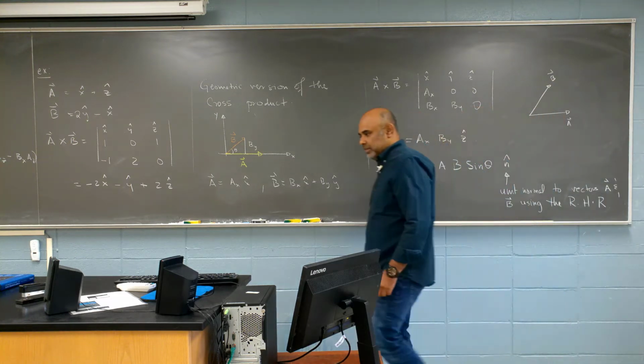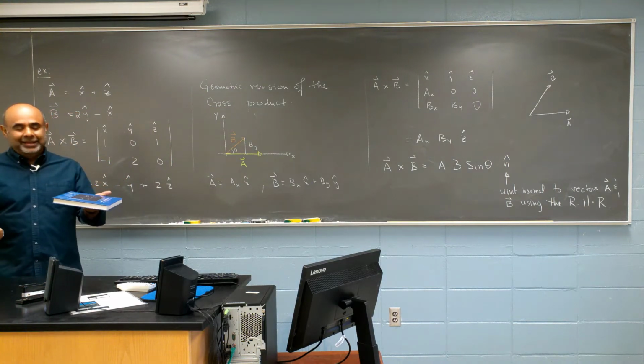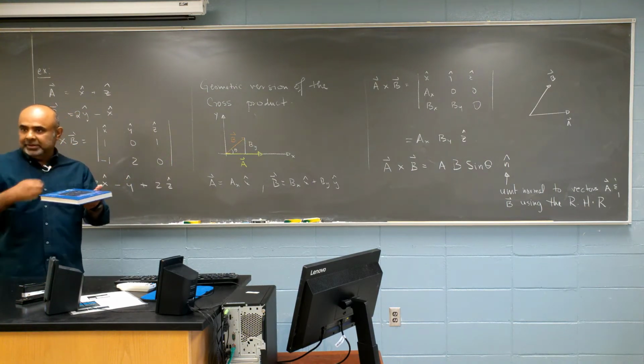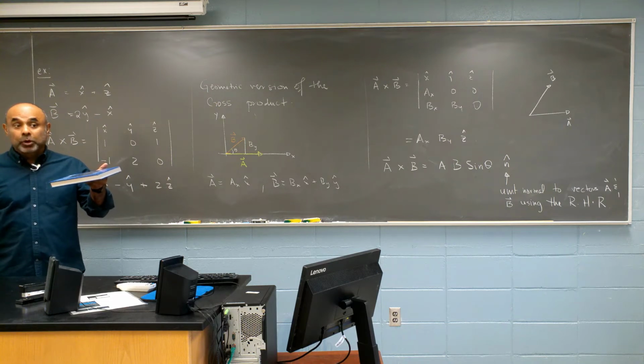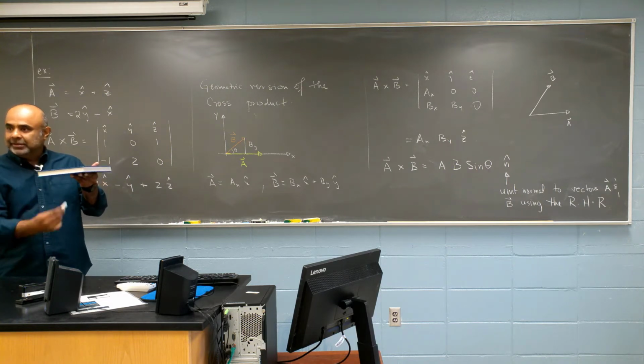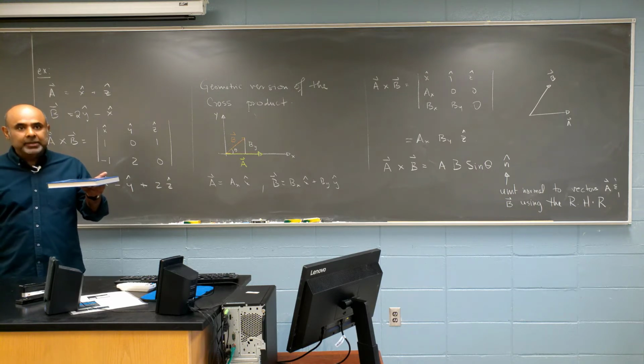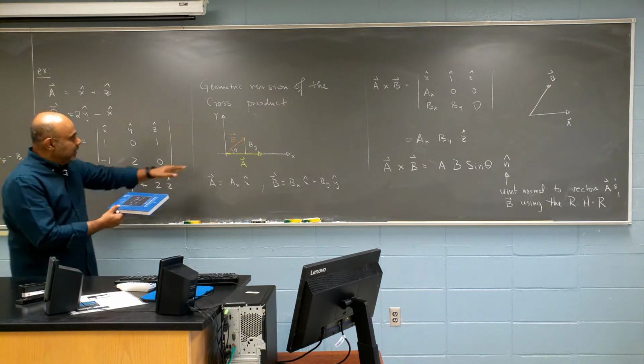Here's a problem. I have two vectors. Let's say, it doesn't matter, one vector here, one vector here, in this plane. If I want to pick a unit normal to A and B, I really have to be careful. I can pick this or I can pick that. Which one do I pick? It is given by the right-hand rule. So let's make it this way.